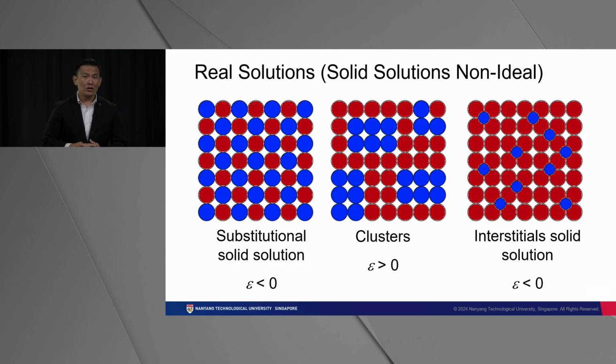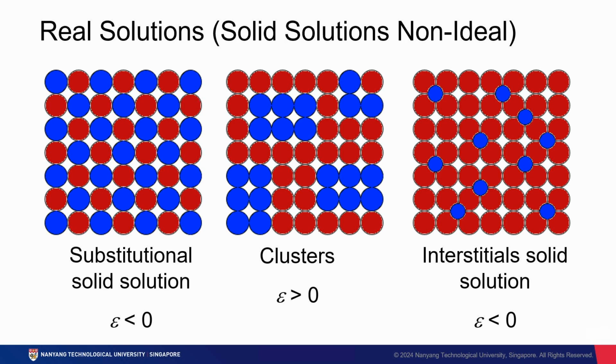Now the situation can be further complicated by the differing sizes of the atoms. If we had a mixture of two different solutions, whereby one of these solutions has an atomic size or atomic radius smaller than the other, the mixture is called an interstitial solid solution.